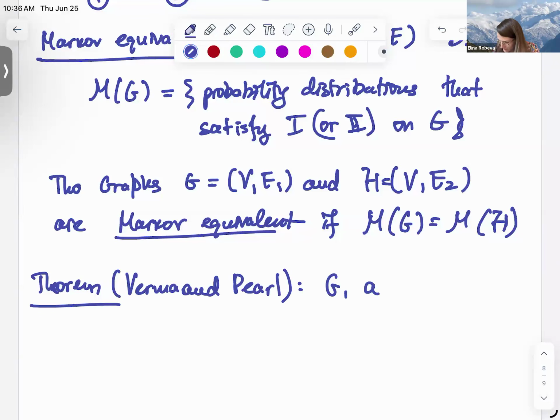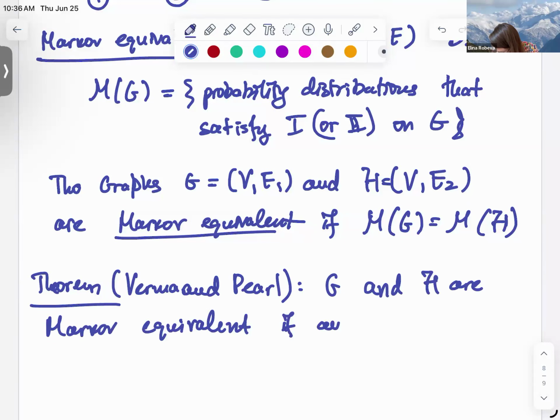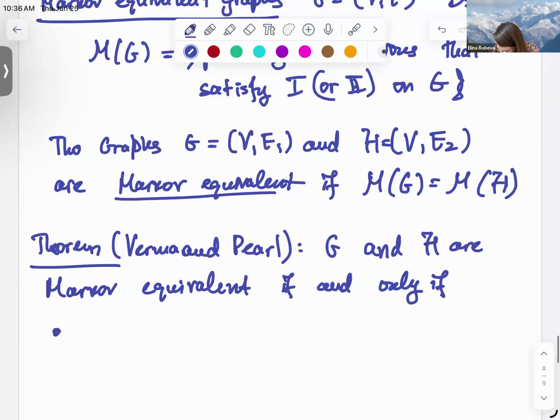Let's say G and H. G and H are Markov equivalent if and only if they have the same skeleton. So there are two conditions. They have the same undirected skeleton. So if you remove the directions, it's the same.